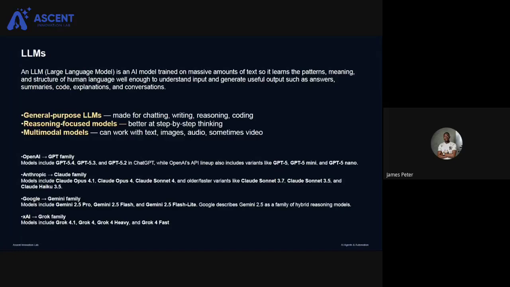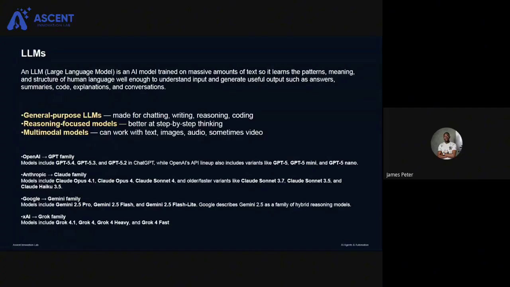All right, so for some types of LLMs that you should know, we have the general purpose LLMs. Most of these are meant for chatting, writing, reasoning, or coding, but they are a lot more tailored to dealing with the basic things.